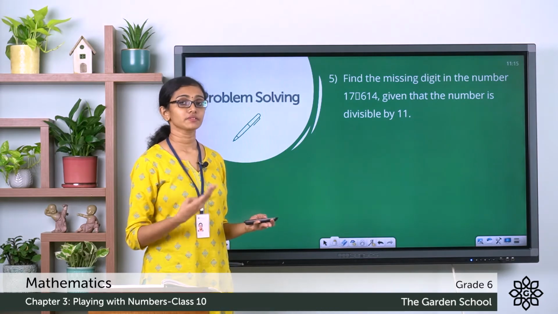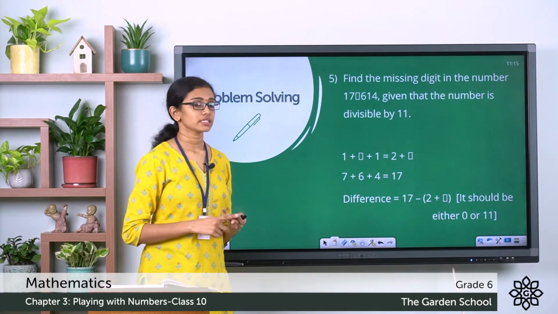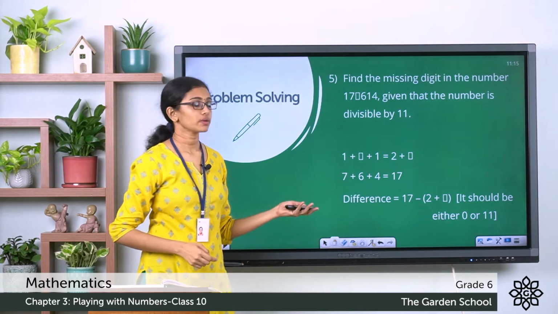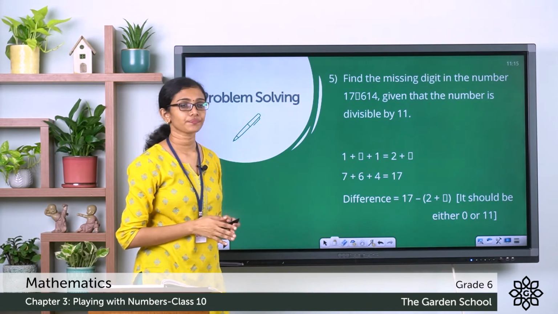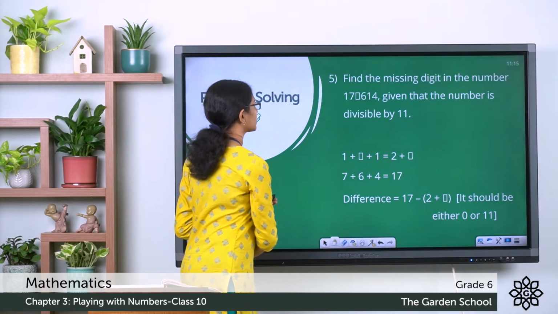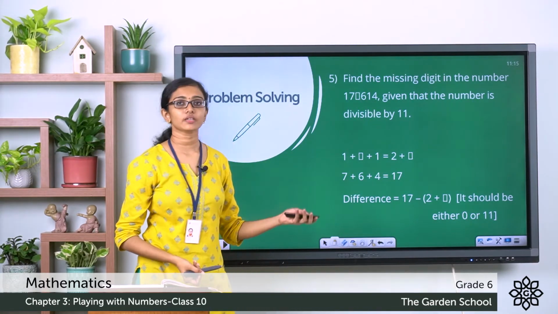So by the divisibility rule for 11, the sum of the alternate digits, that is 1 plus dash plus 1, is equal to 2 plus dash. Now the next set of alternate digits, those are 7 plus 6 plus 4, and that equals 17.